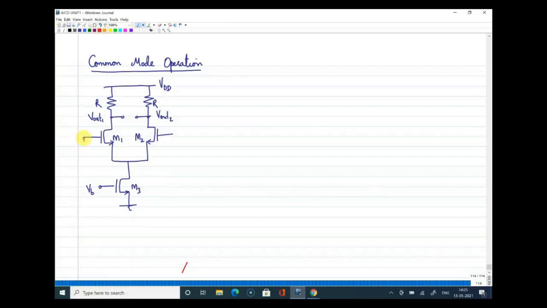So to understand that, I'm tying both these gates together, and I'm connecting that to a voltage which I'm calling the common mode voltage, VCM. Since that voltage is connected to the input side, we are calling it VICM. All right. So what is VICM? VICM is the common voltage given to both inputs of the circuit, both input transistors.